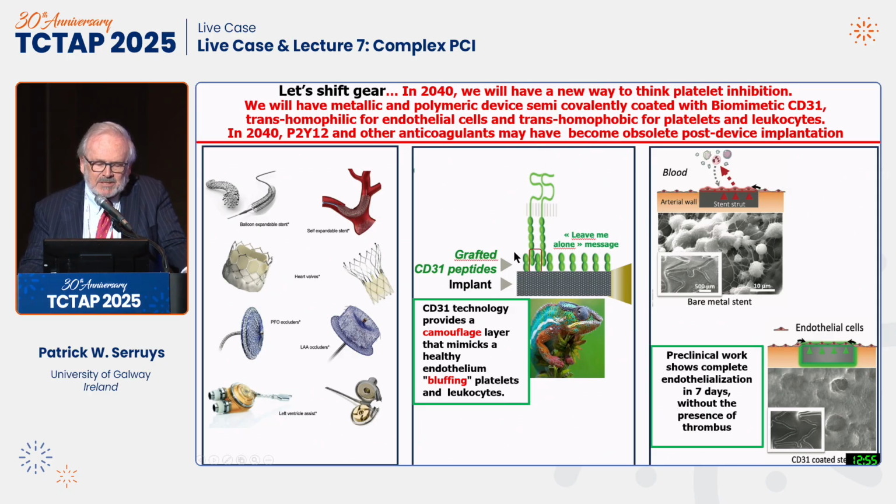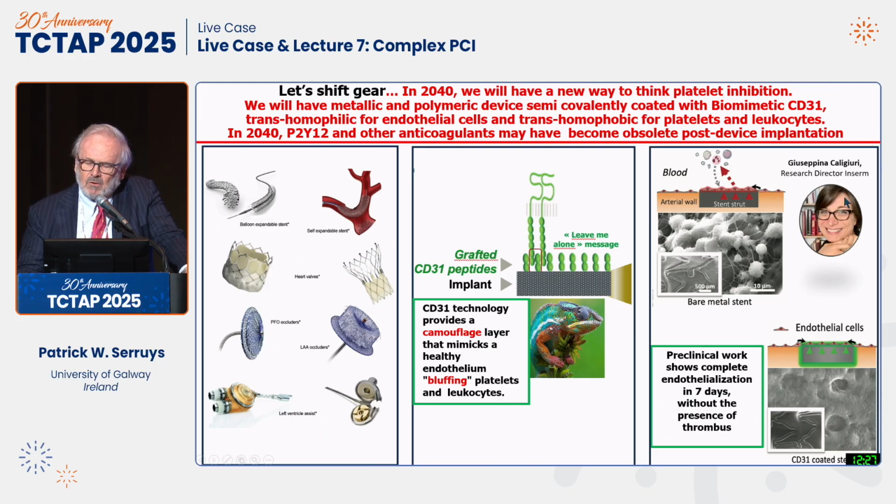This 20 amino acid of CD31 is grafted, coated in the stent, and the CD31 technology provides a camouflage layer that mimics a healthy endothelium, bluffing the platelet and the leukocyte, who have nothing to do since the metal looks like a perfect endothelium. And you see our early preclinical work show complete endothelialization in 7 days without the presence of thrombus. That's the work of Giuseppina Caligiuri, Research Director of the INSERM in France.